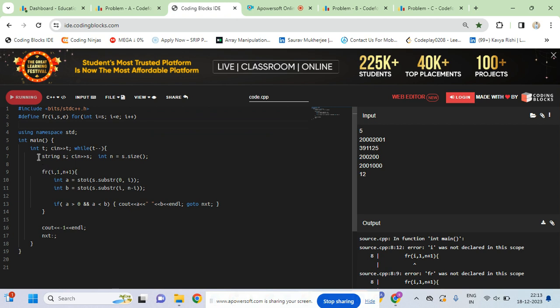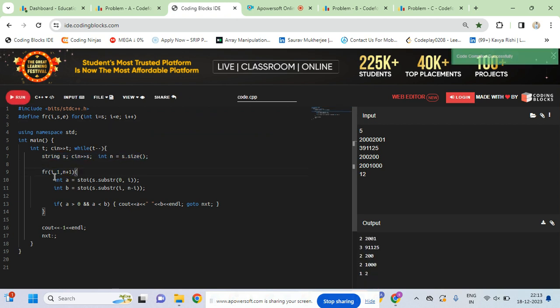So this is the string. You choose the length of the string, then you iterate over i equal to 1 to n, choose one of the parts as a and the other part as b, and then see if the condition is true, and print a and b.